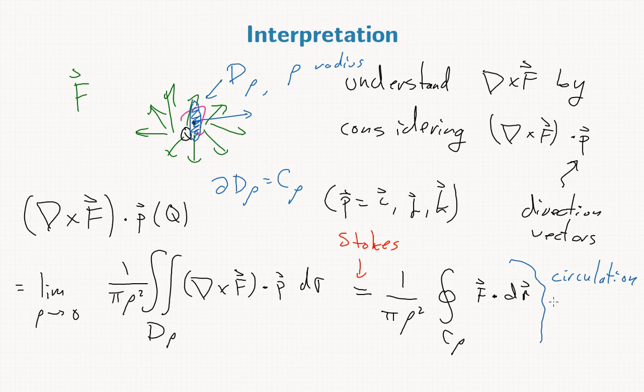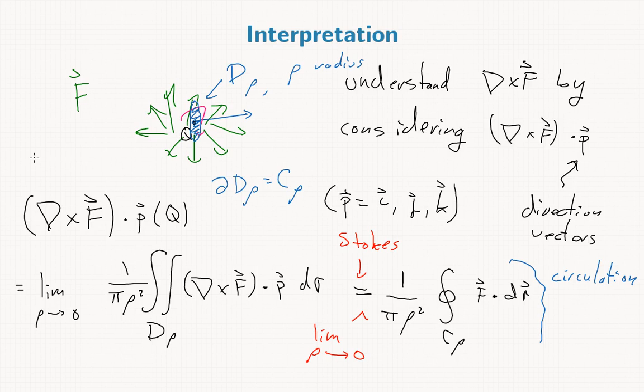So essentially, if you believe our interpretation of this type of integral as circulation, then this value of the curl in a particular direction is going to be related to this. There should be another limit in here. It is going to be approximately equal to the circulation of F around a small circle of radius rho, and then divided by pi rho squared.